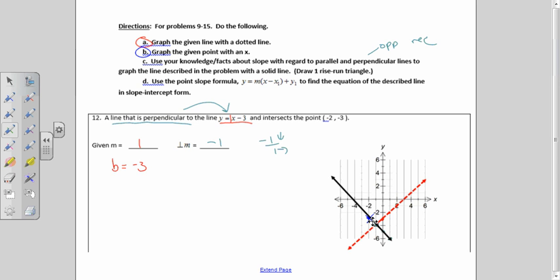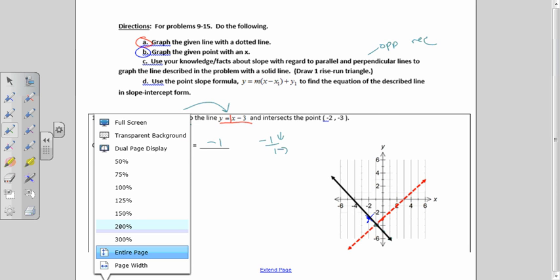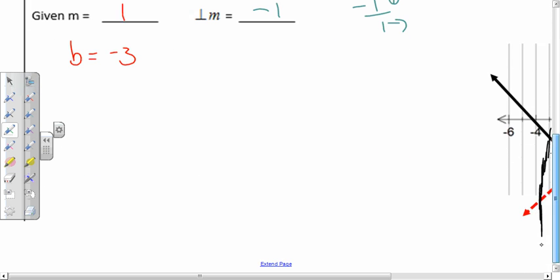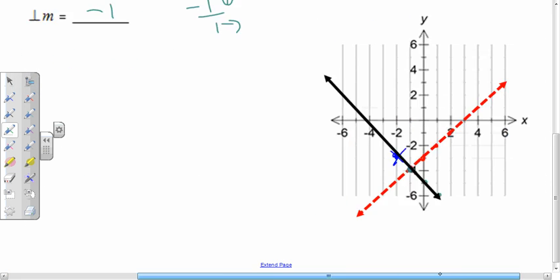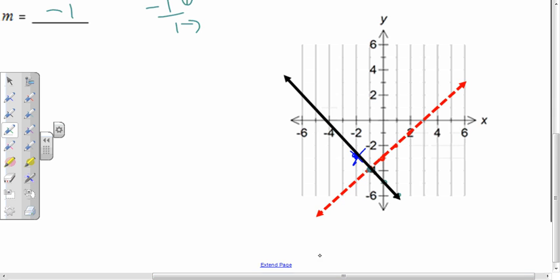I just need to make sure, I'll zoom in on this here to make sure that I'm consistent with the directions, that I draw the appropriate rise-run triangle, which was just a little bit small here, so I wanted to zoom in.